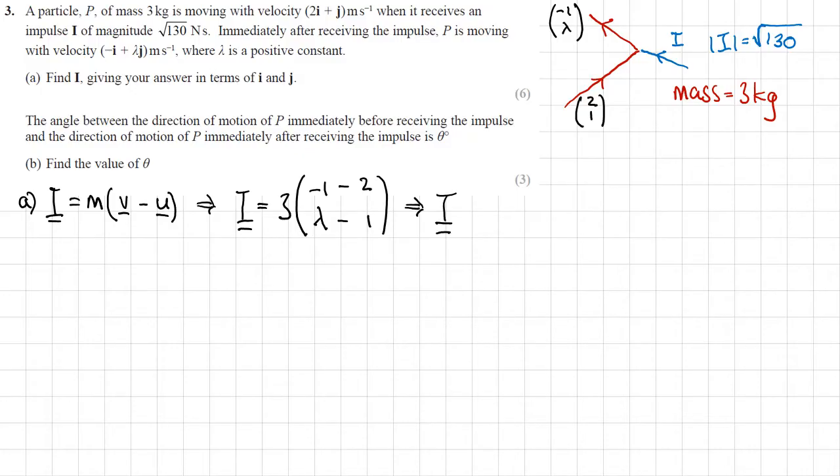So as a single term and multiplying by 3 as well, I'll get (-9, 3 lambda minus 3).